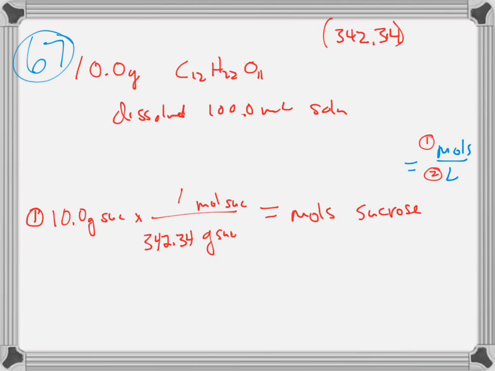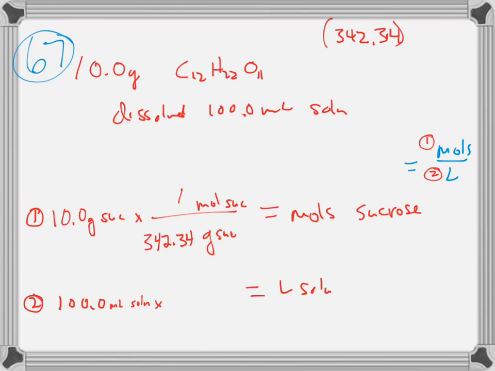We now have the moles of sucrose. What's step 2? Our answer needs to be the liters of solution. Are we given a volume? We're given 100.0 milliliters of solution. Is that our answer? No. What's wrong with it?